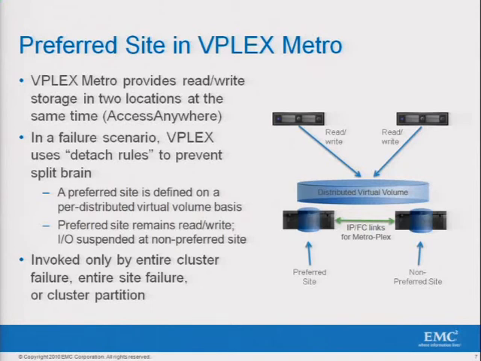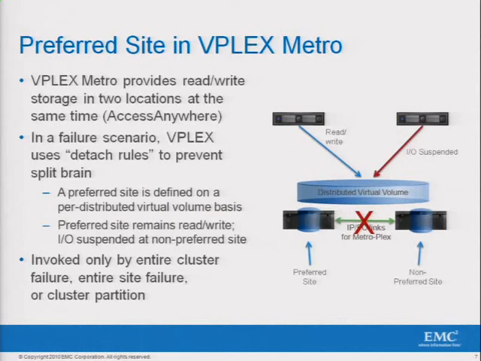Now, you might think, well, I'm reading and writing to this distributed virtual volume at the same time from two different sites. What happens if there's a cluster partition? What happens then if that link in between the cluster, which is comprised of both IP links and fiber channel links, okay, for two different purposes, and if you want to know more detail, see me afterwards. What happens if that goes down, okay?